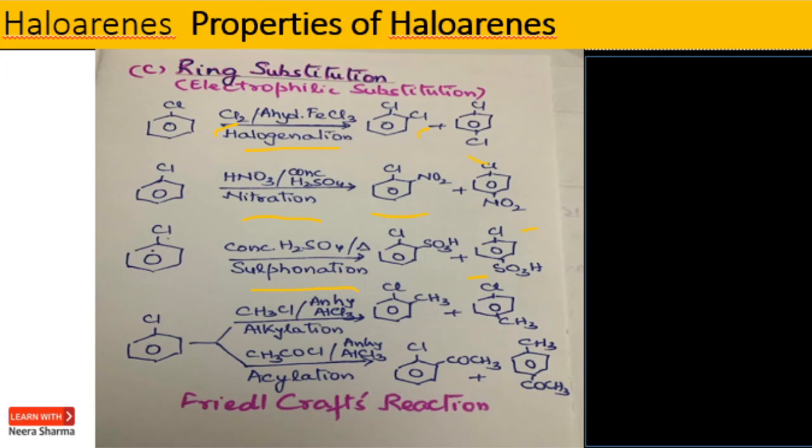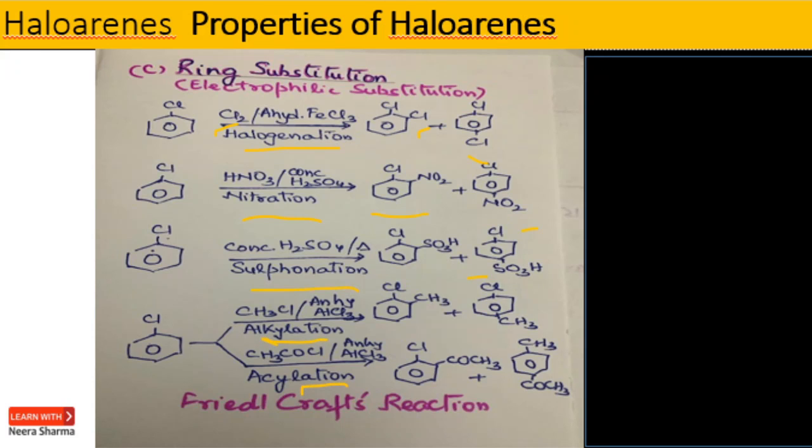Similarly, you have seen this reaction in class 11th. Chlorobenzene, if I treat it with an alkyl halide and anhydrous AlCl3, this is alkylation of chlorobenzene. Alkylation and acylation of chlorobenzene is called Friedel-Crafts reaction.